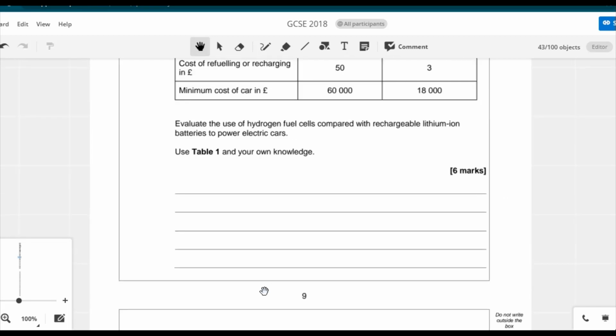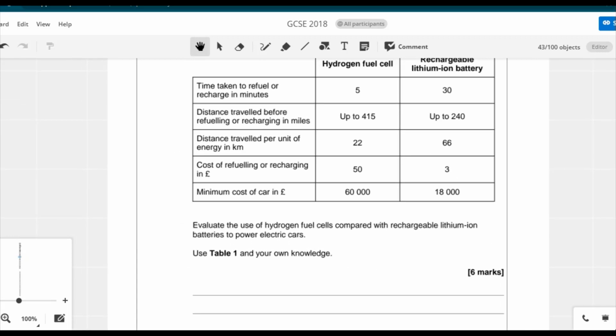First of all, we need to compare the time. When we compare the time, the time for refueling a fuel cell is faster than recharging rechargeable lithium ion batteries.